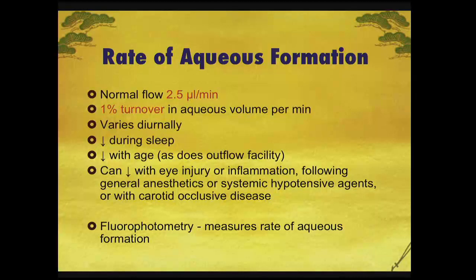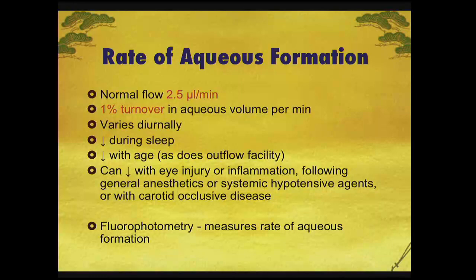But pressure doesn't necessarily increase in everyone because your outflow facility also changes. Aqueous formation can decrease with an eye injury or inflammation, so that's why we see low IOP with uveitis. Anesthetics can decrease it, and then obviously if you have carotid occlusive disease, that is the reason for lower eye pressure in an ischemic eye.